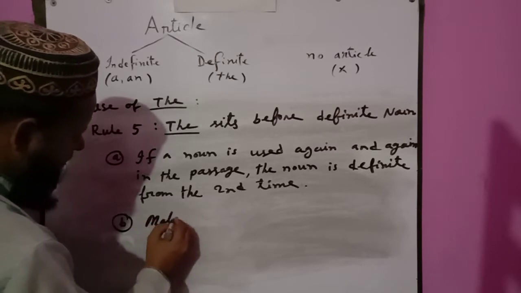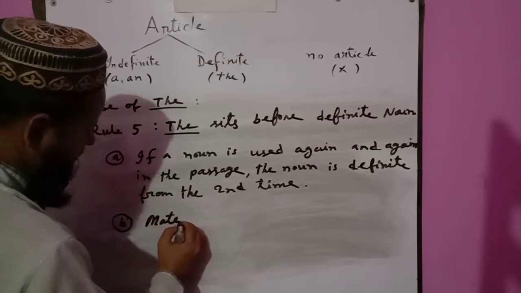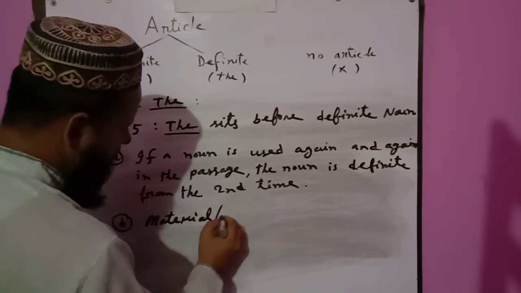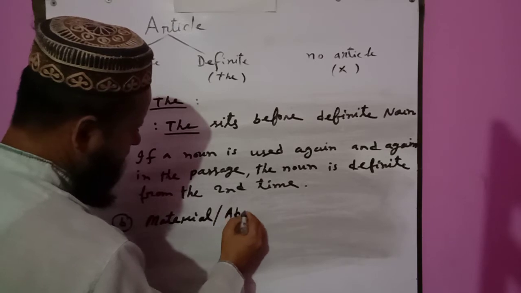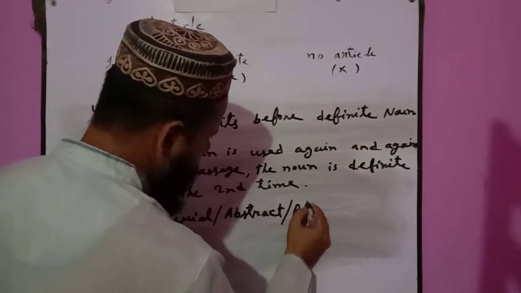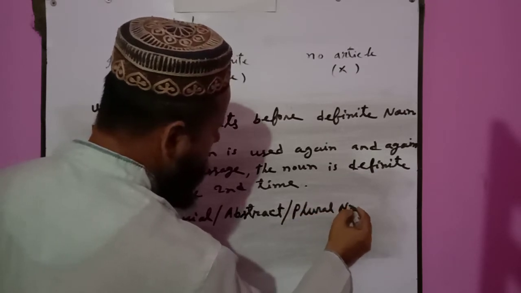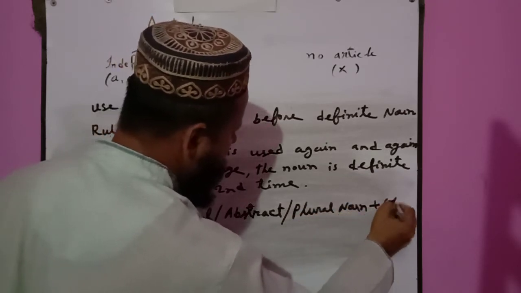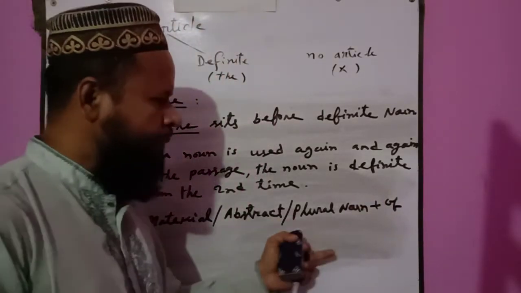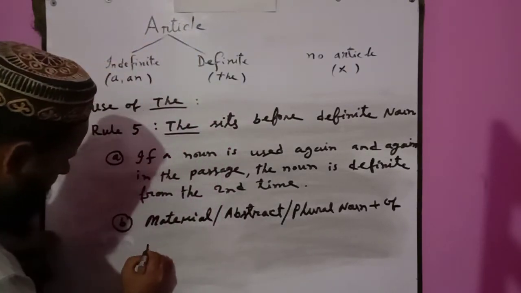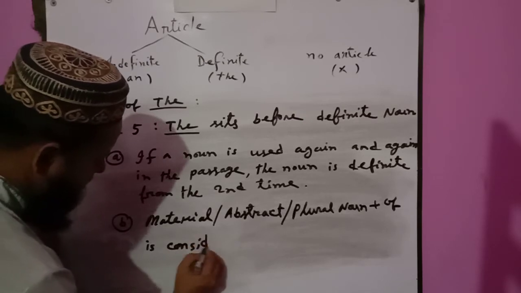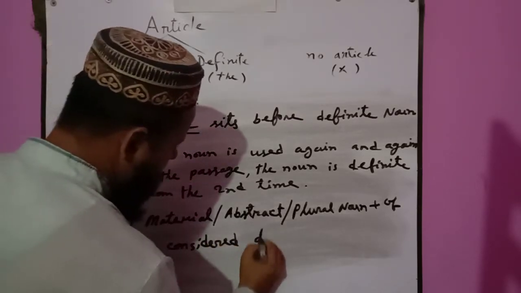Material or abstract or plural noun plus of is considered definite.